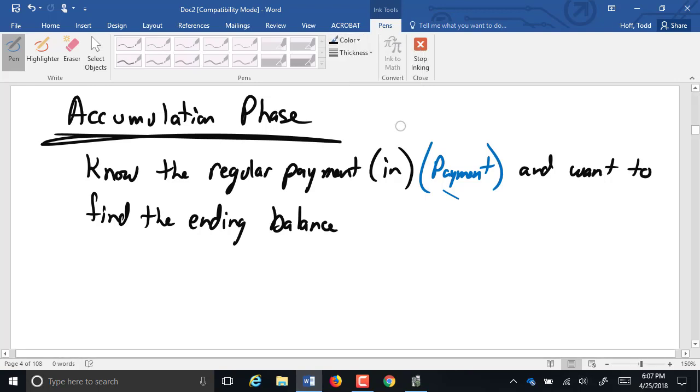That ending balance we're going to refer to as the future value.